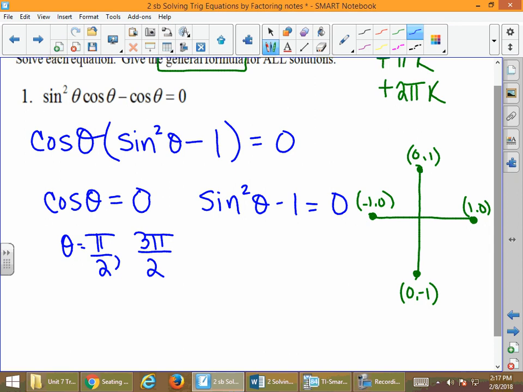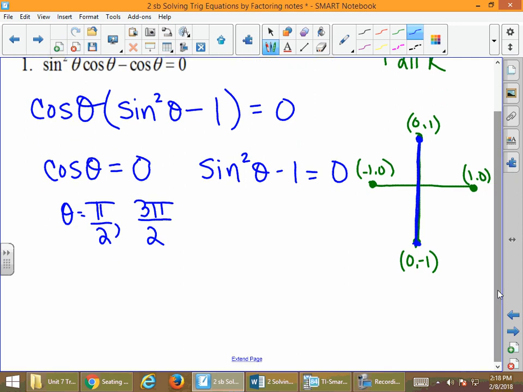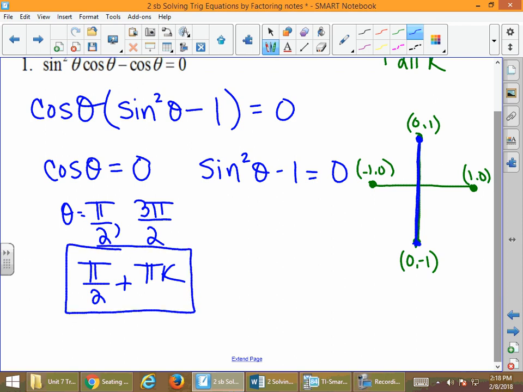And once we find those two values, because we're finding the general formula for all of these, we need to ask ourselves, can we draw a straight line from one angle to the next? And we can. Because we can, we write the smallest angle plus pi k. That will take into account the 3 pi over 2. But that's only one of the factors.